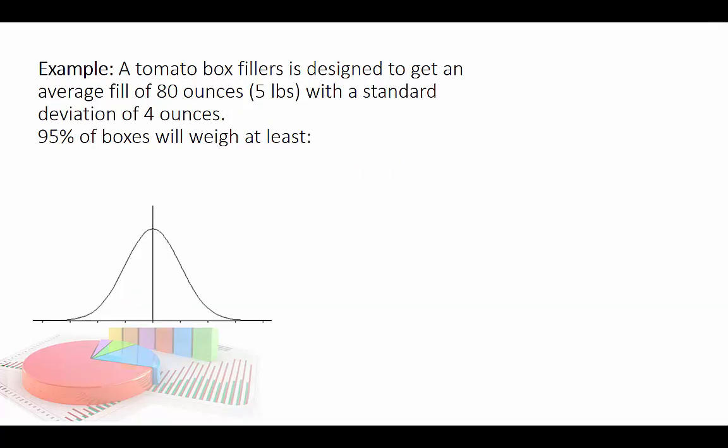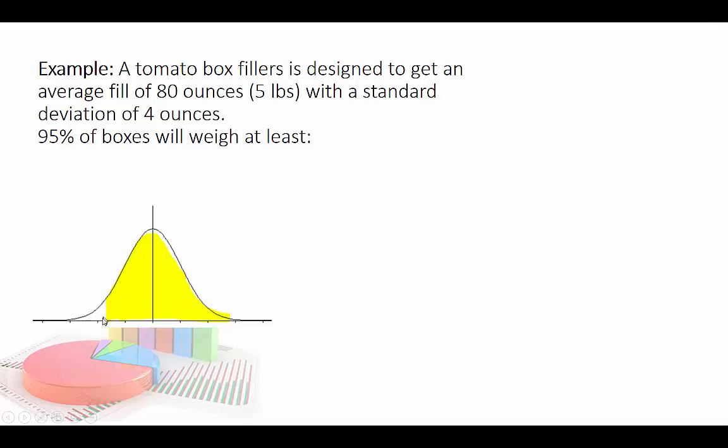Okay, let's look at another example. Tomato box fillers are designed to get an average fill of 80 ounces with a standard deviation of 4 ounces. 95% of boxes will weigh at least what? That means I'm only leaving 5% off to the side.